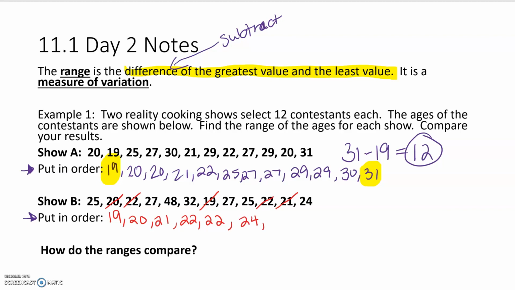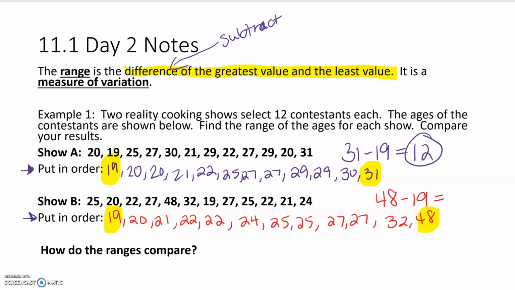Then I have a 24-year-old. 25 I have twice, 27 twice, and then 32 and a 48-year-old. Okay, so now these are all in order as well. I double checked that I had them all. I'm going to take that biggest number and that smallest number and I'm going to subtract them to get my range. So 48 minus 19 gives me 29. Okay, so here's my range for that one.